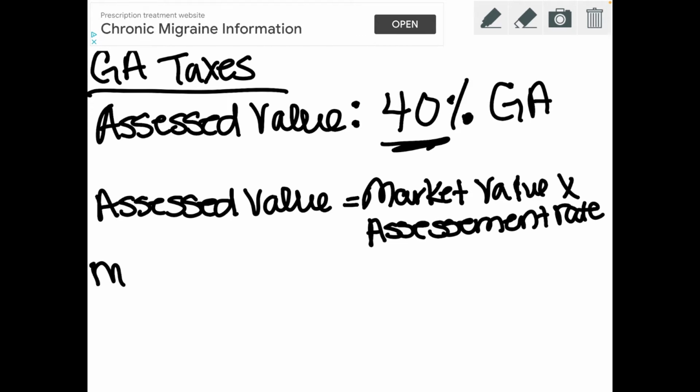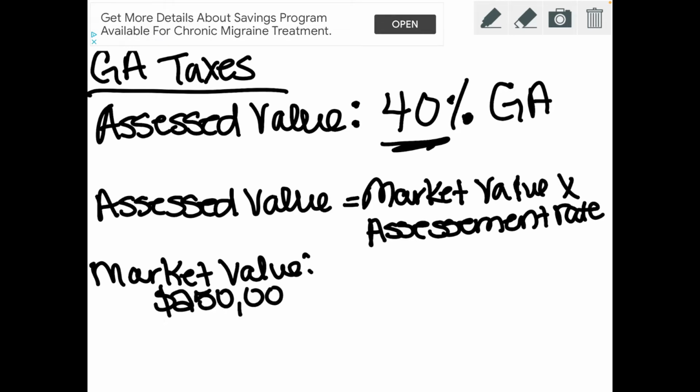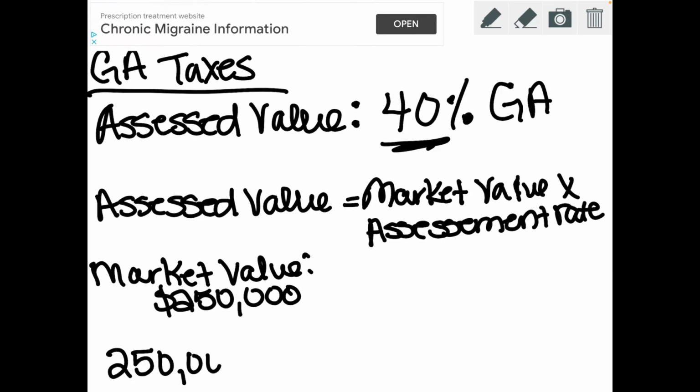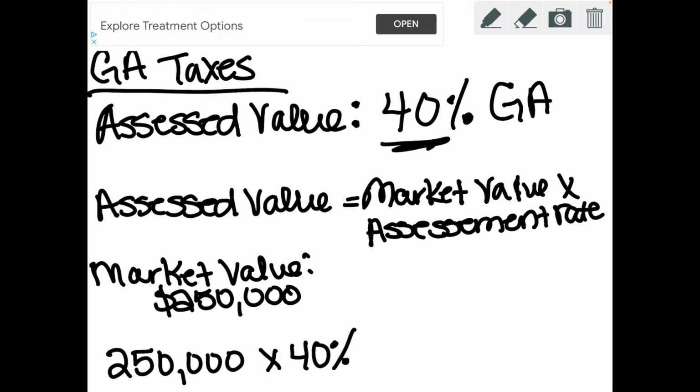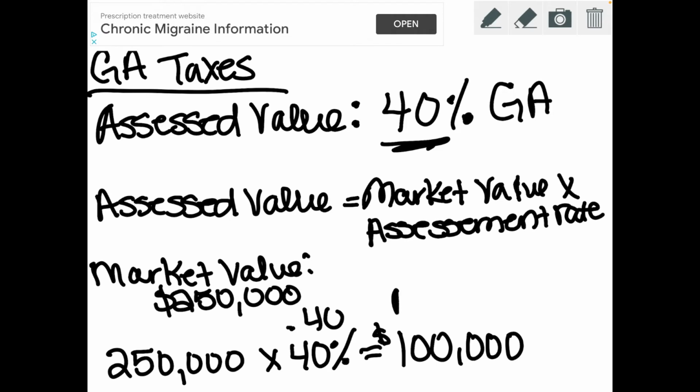Say you have a market value of $250,000. In order for me to get the assessed value, I would need to take this $250,000 and multiply it by 40%. Or you can do 0.40, which would give you 40%. When I do that, I will get $100,000. This is my assessed value.